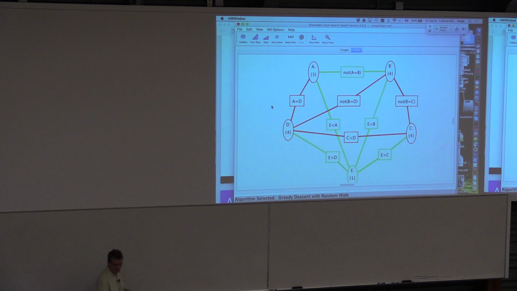So which variable are we going to pick? Which one participates in the most conflicts? D, someone said. Okay, so we're going to pick D. Which values can we choose to minimize the number of conflicts?